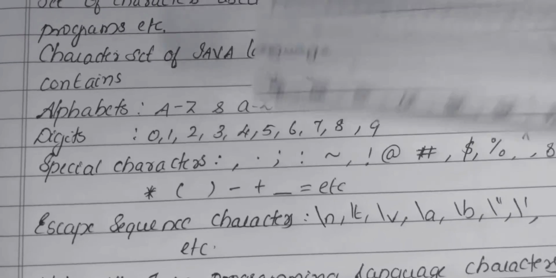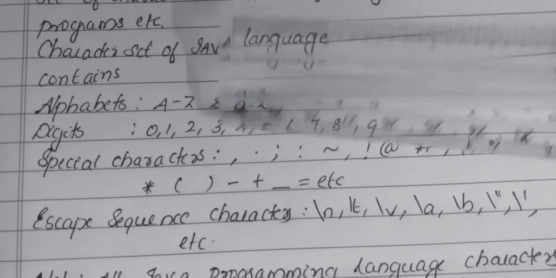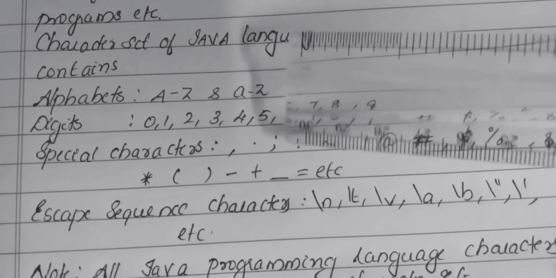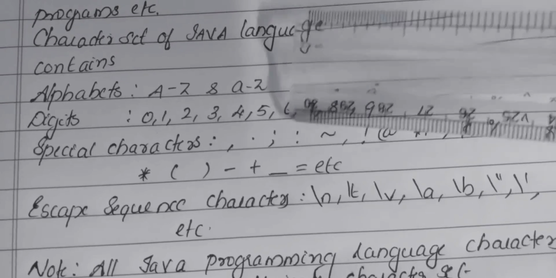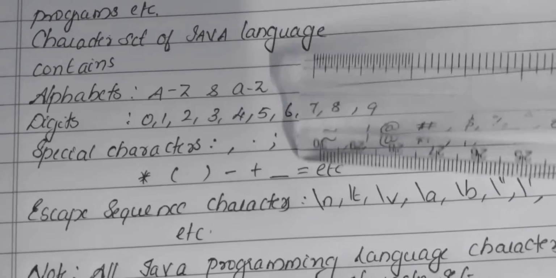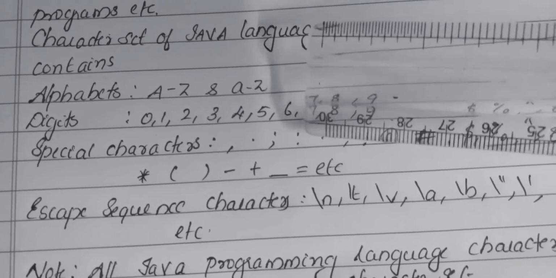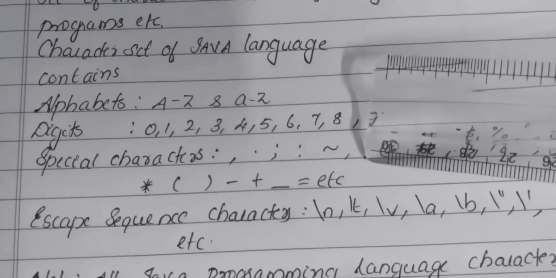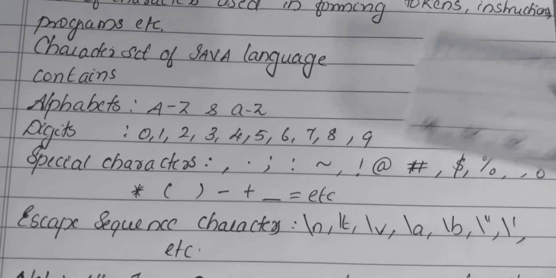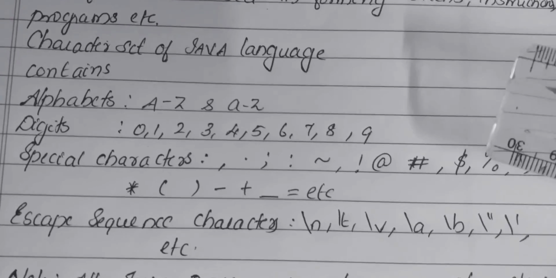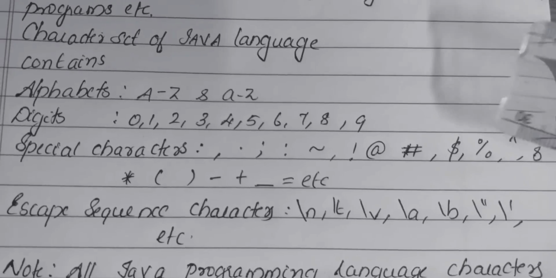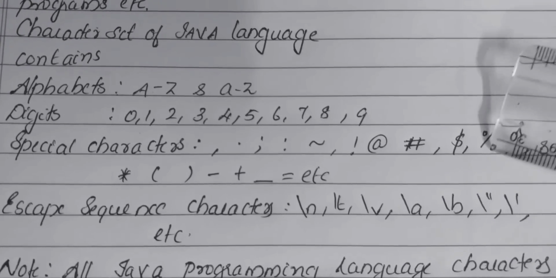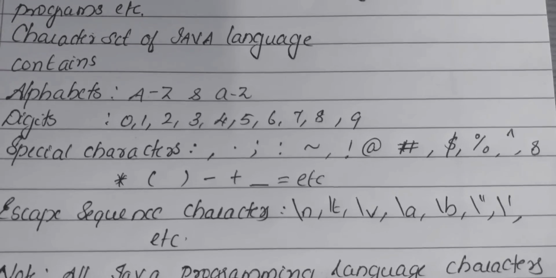That is comma. Comma is a special character. Then dot. Then semicolon, read as semicolon. Then two dots, known as colon. This is a tilde symbol. Then exclamation symbol, @ symbol, hash symbol, dollar sign. Then the percentage symbol, which in Java is read as modulus.